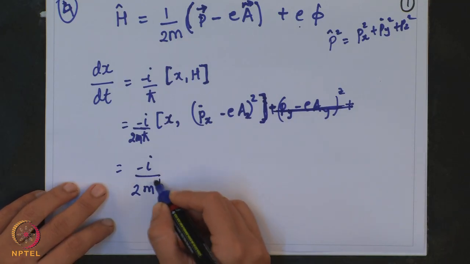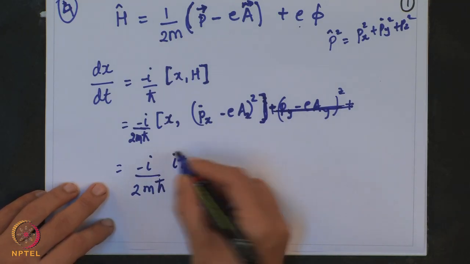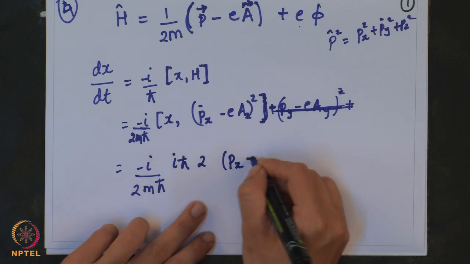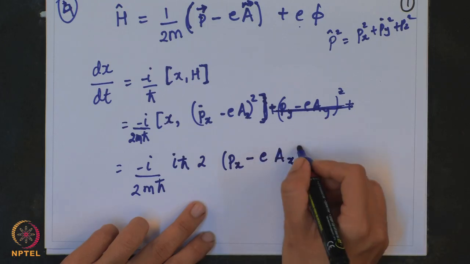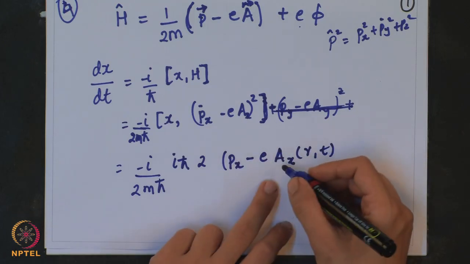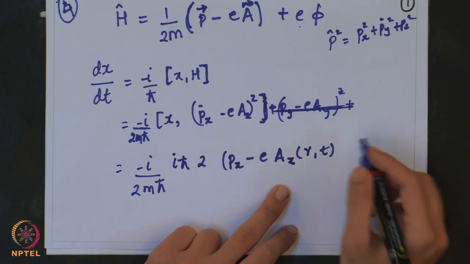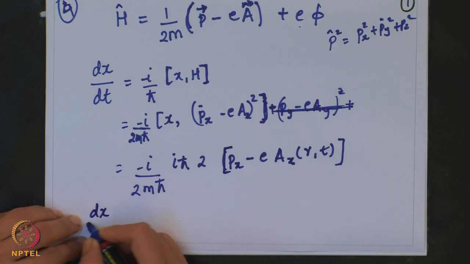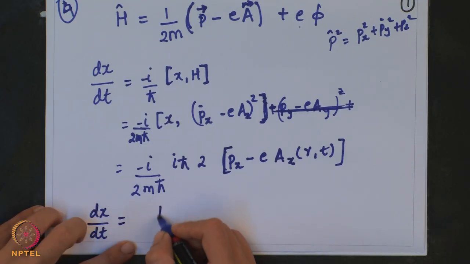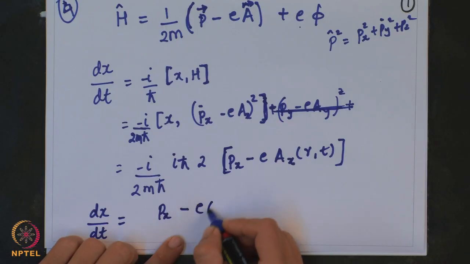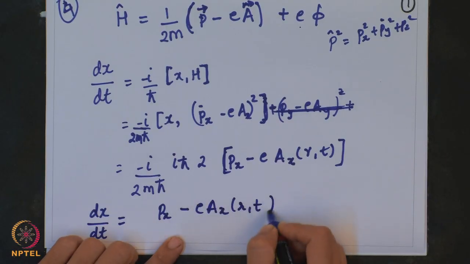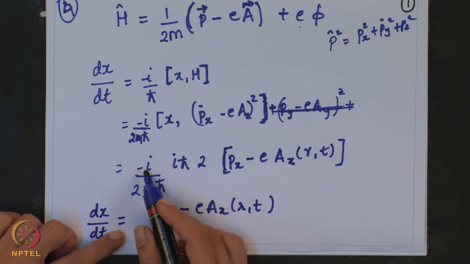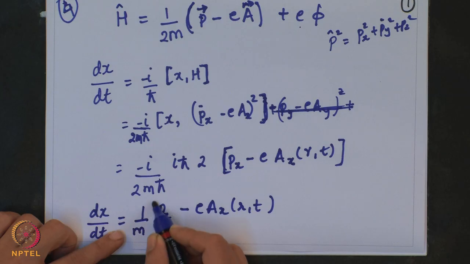Similarly, I will have 2 times px minus EAx, where A is a function of x, y, z and t. So, finally, dx by dt will be nothing but px minus EAx(r, t) times a factor: this will be 1, this will be 2, so 1 by m.